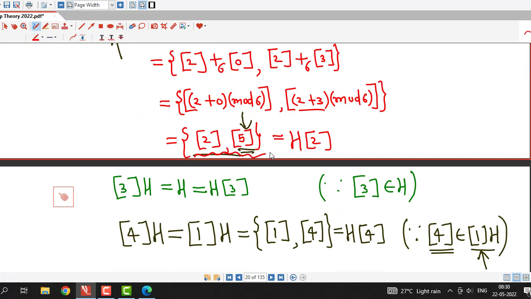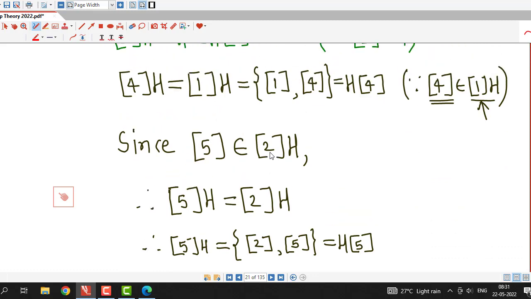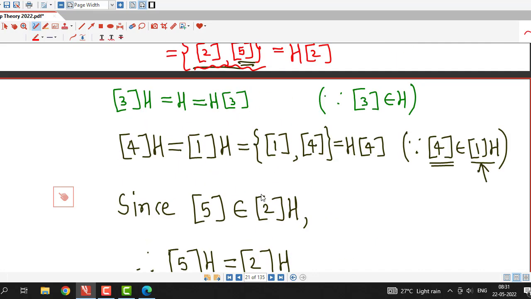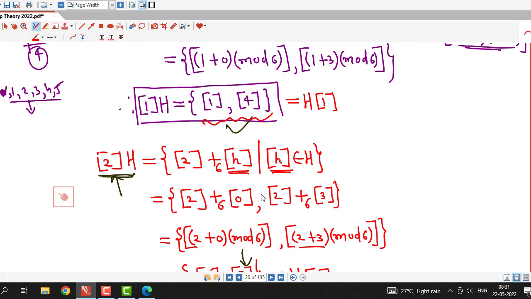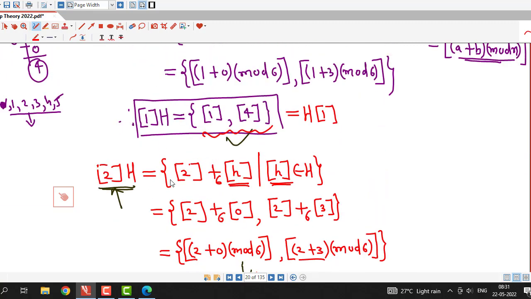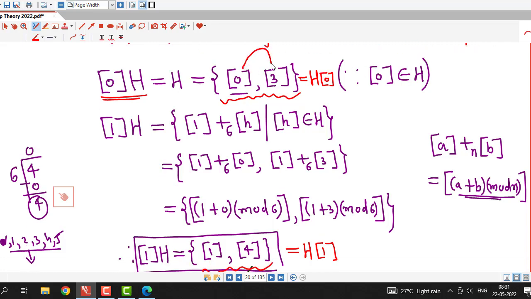So there are 3 distinct left or 3 distinct right cosets of the given subgroup, and the remaining are repeated because these two are equal, corresponding to 5 and 2. Similarly, the left cosets corresponding to 4 and 1 are equal, and the left cosets corresponding to 0 and 3 are also equal.